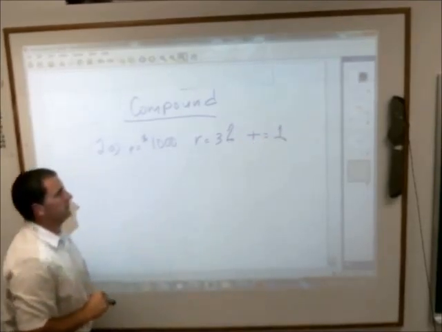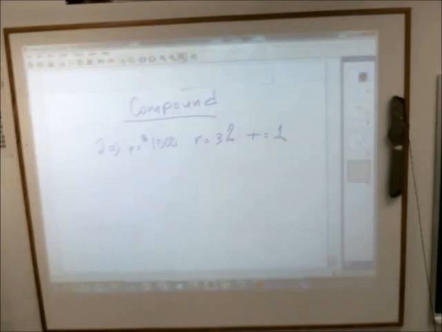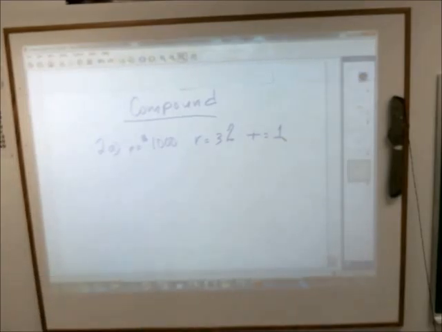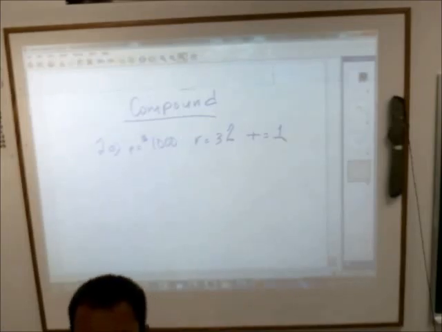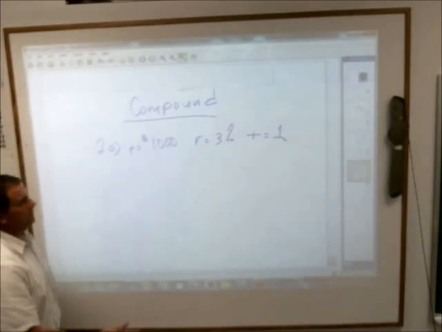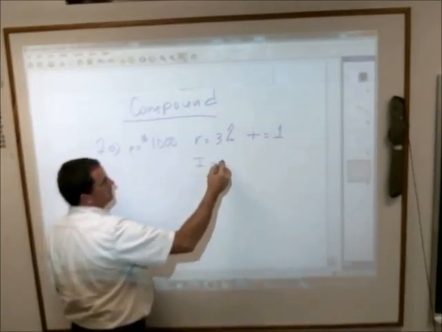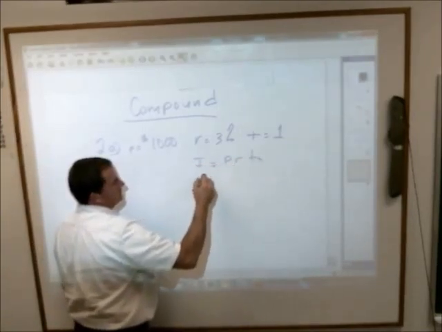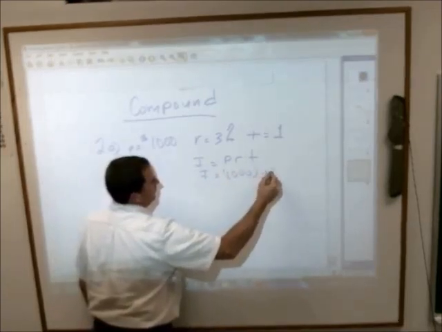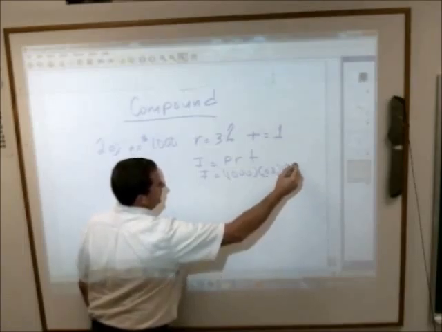You should be able to tell me the answer to letter A. The question says, how much interest would you earn at the end of 1 year? Interest equals principal times rate times time: interest equals 1,000 times 0.03 times just 1 year.